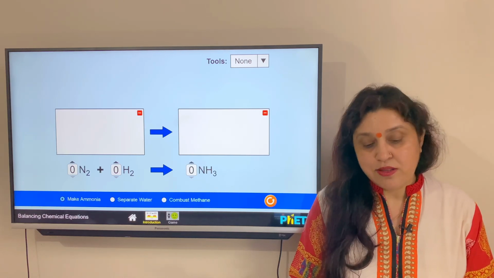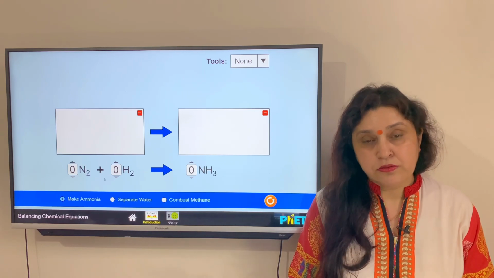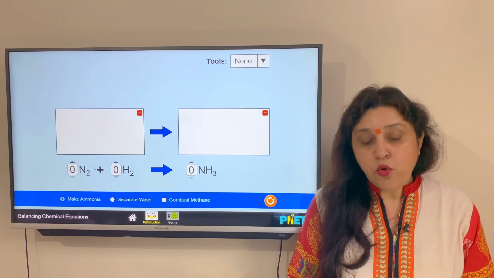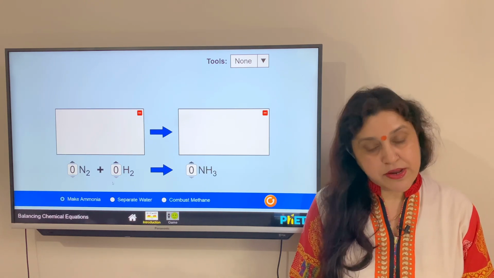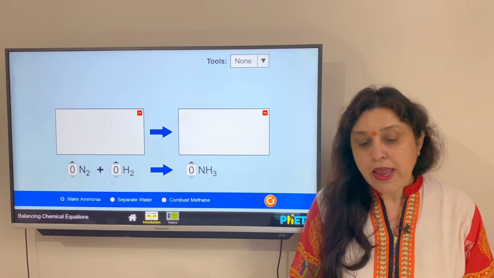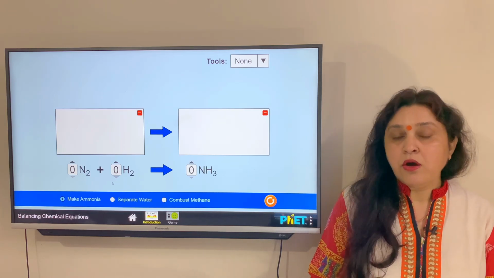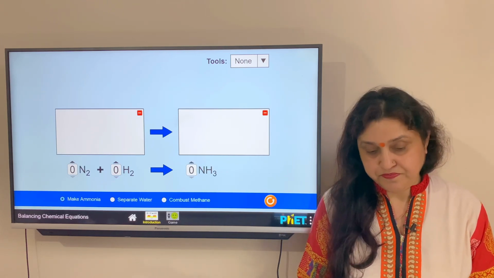Now students, let's observe this reaction. In this reaction, N2 and H2 are on the left hand side of the reaction, so these are the reactants, and NH3 is on the right hand side of the reaction, so this is the product side.